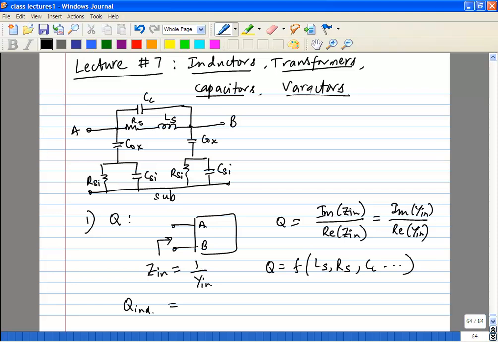The effects of these capacitances only increase with frequency, because the impedance gets lower and lower. Imagine at really high frequencies, CC is going to be a short. You don't have an inductance at all between A and B. So it's no longer an inductor after a certain frequency, and that is what we call the self-resonant frequency, and we're going to go to that next.